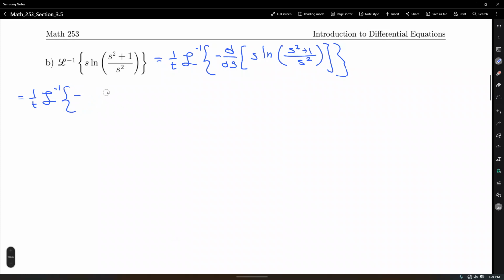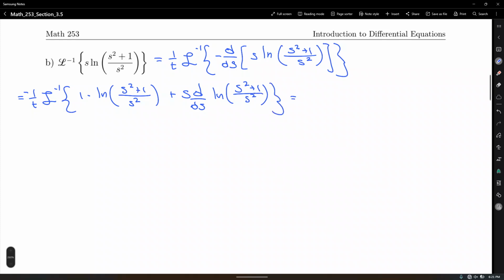Oh, wait, no more d/ds. Actually, let me take the negative outside and simply differentiate: the derivative of s, which is 1, times ln of s squared plus 1 over s squared, plus s times the derivative with respect to s of ln of s squared plus 1 over s squared. All right.